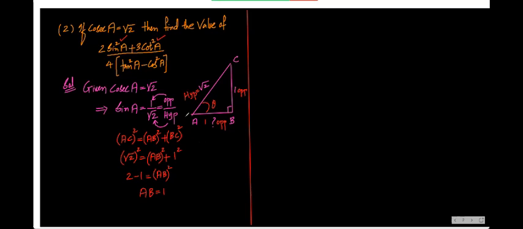Before moving to cot, we find tan, and before tan we go for cos. Everything is related to each other. Cos A is equal to adjacent by hypotenuse. We got the adjacent side as 1 and the hypotenuse is again root 2.